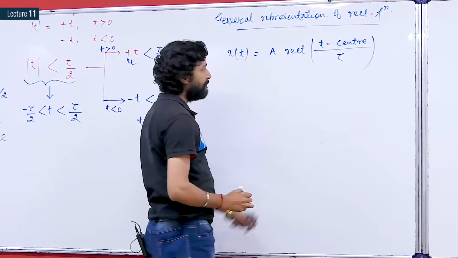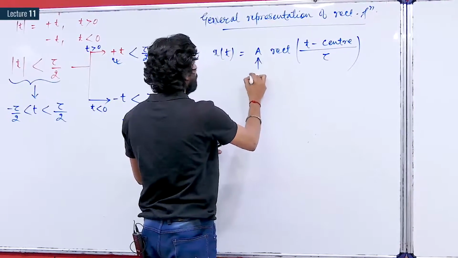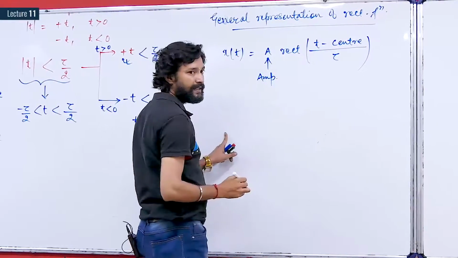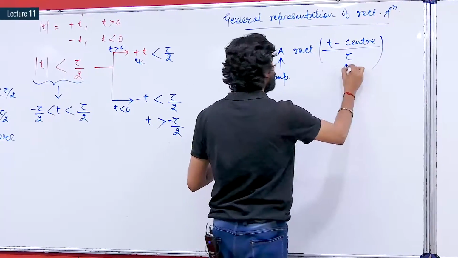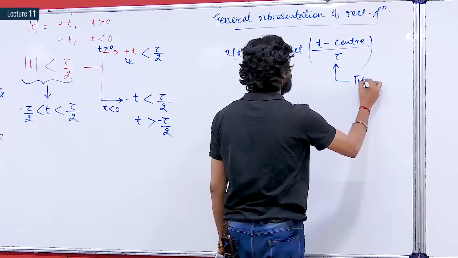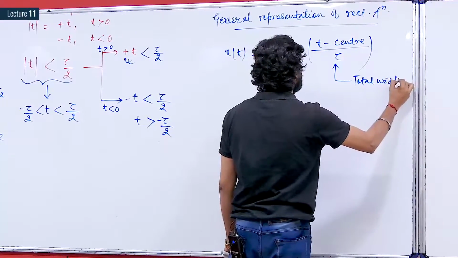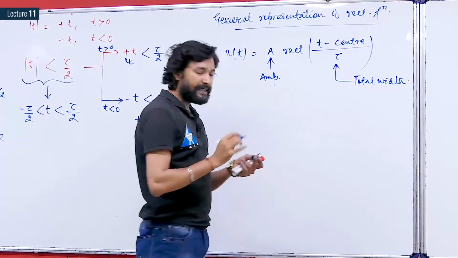All the meanings are the same: a represents the amplitude in the duration of existence, tau gives you the total width, and the center defines where this rectangle is centered.